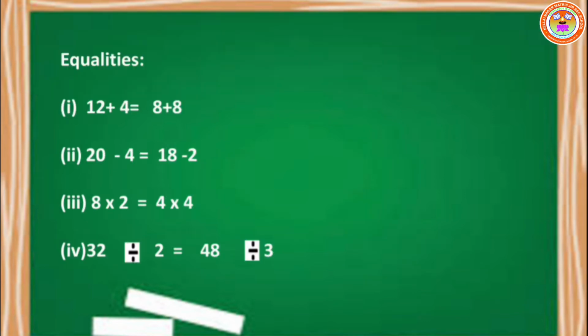With these expressions, we have to make them equal. See, 12 plus 4 is equal to 8 plus 8. 20 minus 4 is equal to 18 minus 2. 8 into 2 is equal to 4 into 4. Then fourth one is 32 divided by 2 also 16 and 48 divided by 3 also 16.